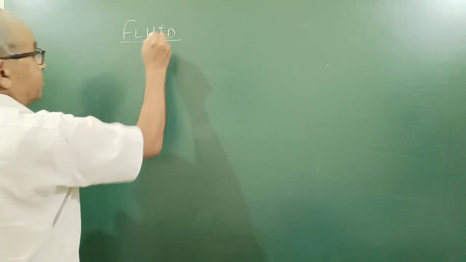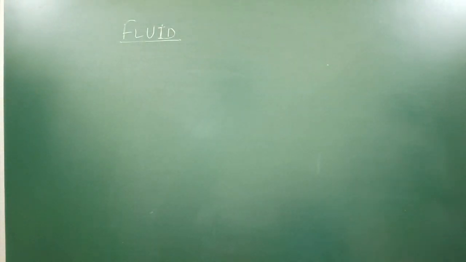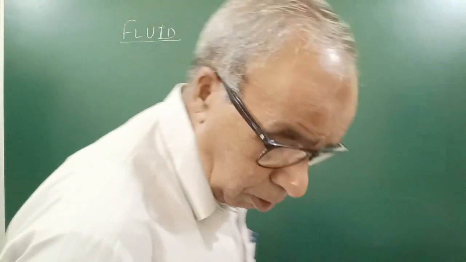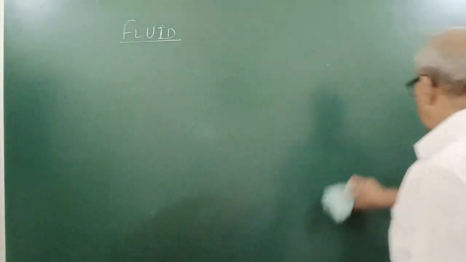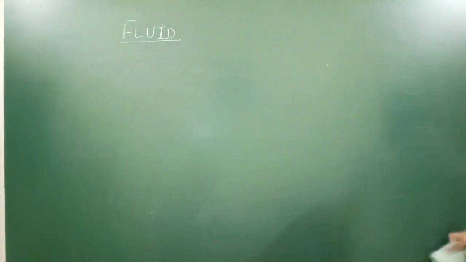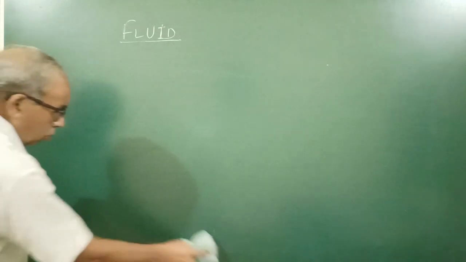What is fluid? Common people are always in confusion. I asked some people, they say take fluid diet. They are mistaken. They talk in terms of only liquid. Liquid is not the fluid.